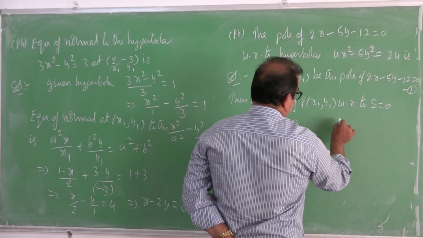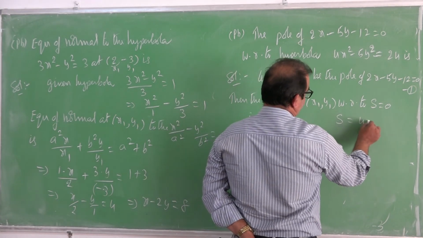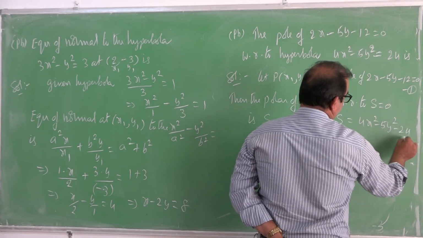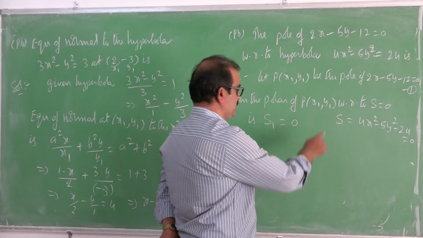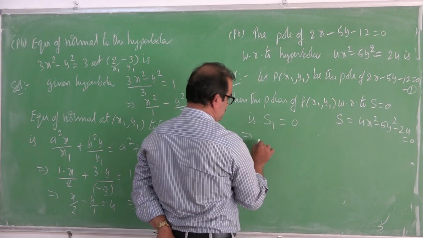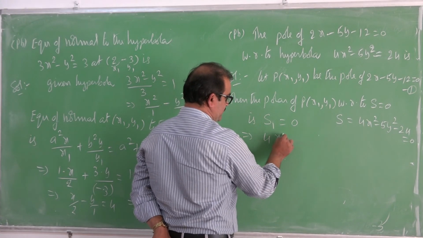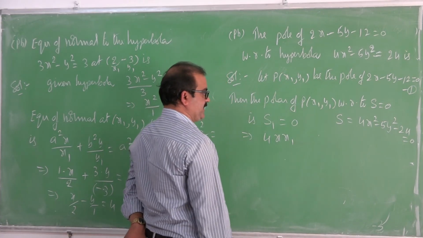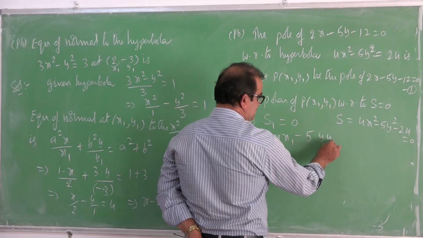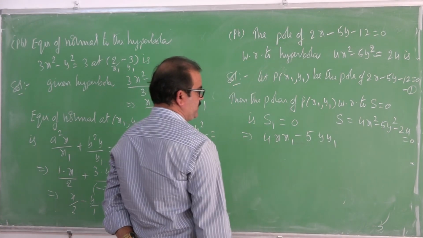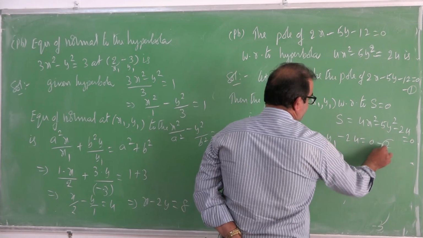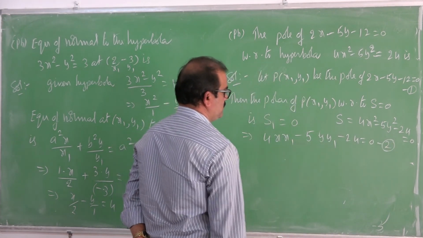What is S, given hyperbola? 4x square minus 5y square minus 24 is equal to 0. What is S1 to this hyperbola? 4 into x square is taken as x into x1, minus 5 into y square is taken as y into y1, minus 24 is equal to 0. Let it be equation 2.